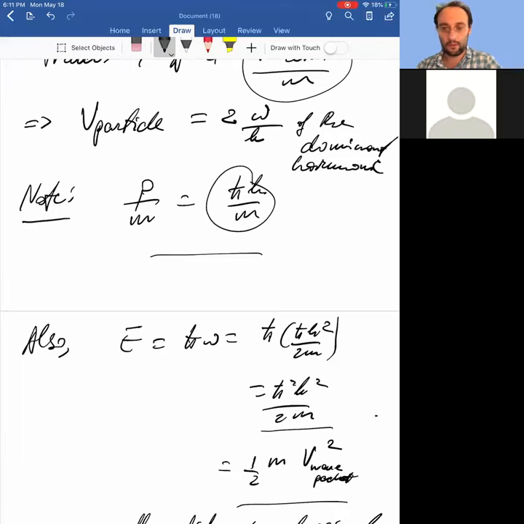What's the moral? The moral is that measuring momentum in quantum mechanics means measuring wavelength. It does not mean distance over time, times m. Measuring momentum means measuring the wavelength.